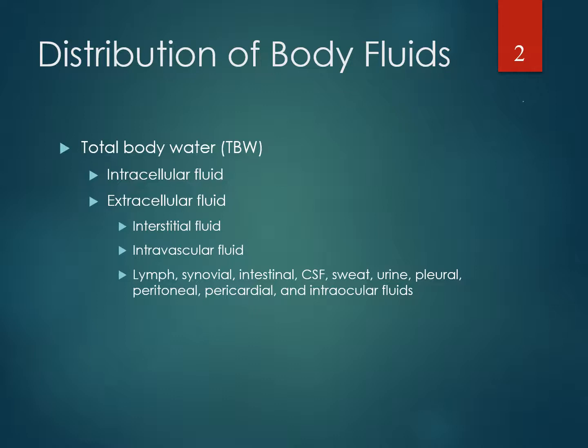Extracellular fluid is further divided into interstitial, which means between the cells, and intravascular, which is inside the blood vessel compartments. So we've got the two types of fluid, interstitial and intravascular.